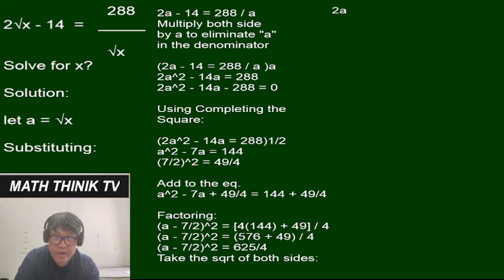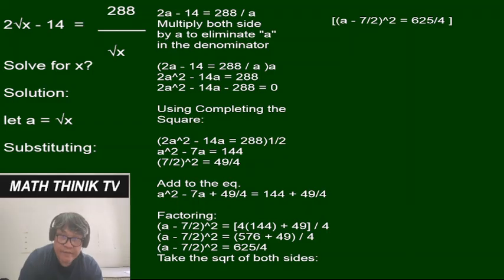So the equation becomes a minus 7 over 2 square is equal to 625 over 4. Then we take the square root of both sides. So taking the square root will be raised to 1/2.